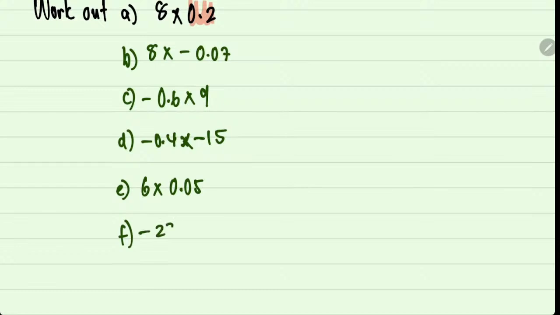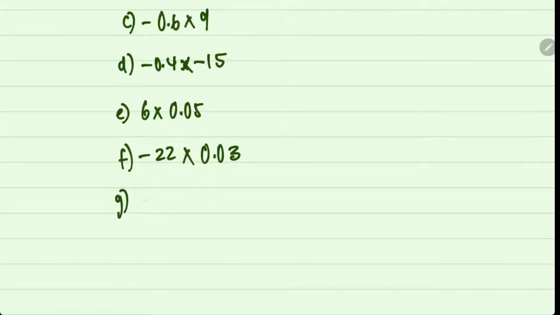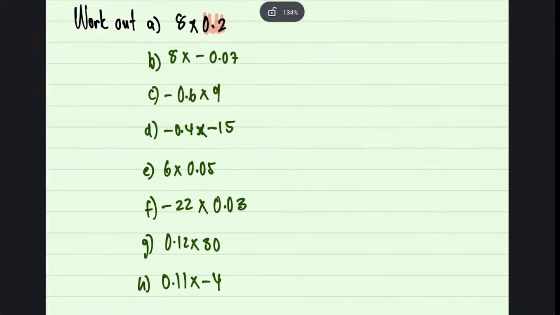Negative 22 times 0.03. 0.12 times 30. Last one. 0.11 times negative 4. Start. Then we do the next. Let's go.